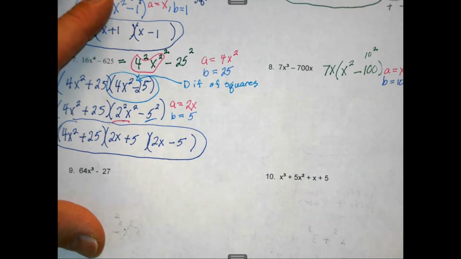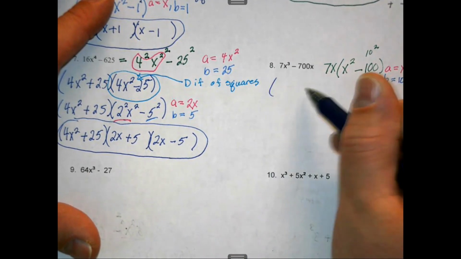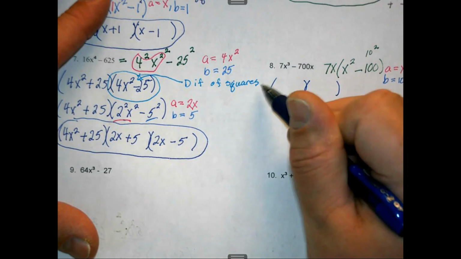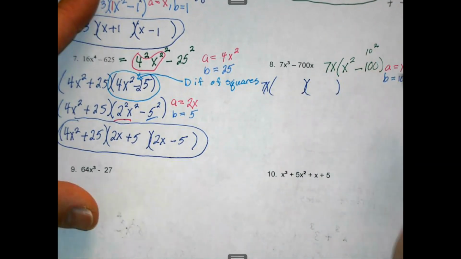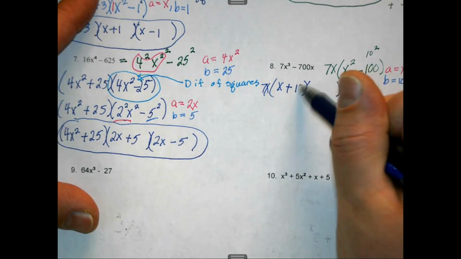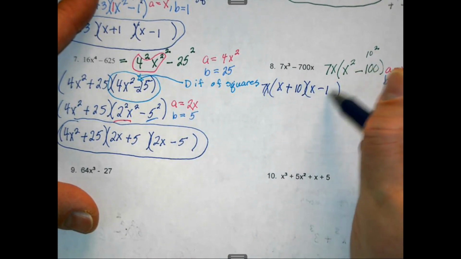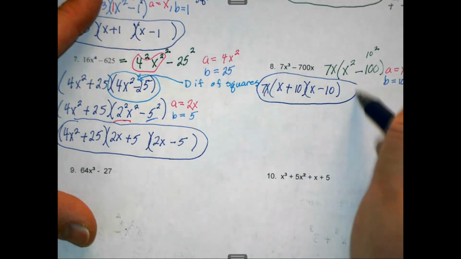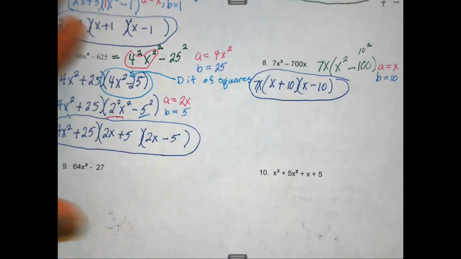So I'm going to factor this to, don't forget your 7x, a plus b, a minus b. If you didn't take out the 7x, it would have been a very long problem.